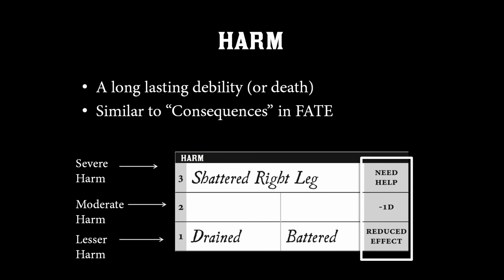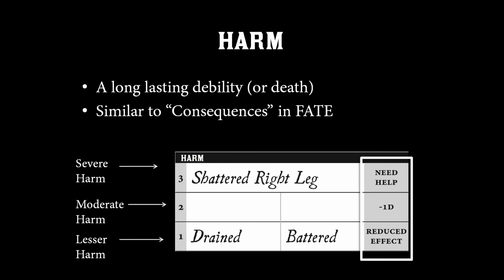So the way this works is you start at the left-hand side of the track you need to fill in. So, for example, the left-hand cell for lesser harm, here it's been filled in with drained. So you don't just mark, I took a harm. You have to mark in, just like in Fate, what kind of harm you took.